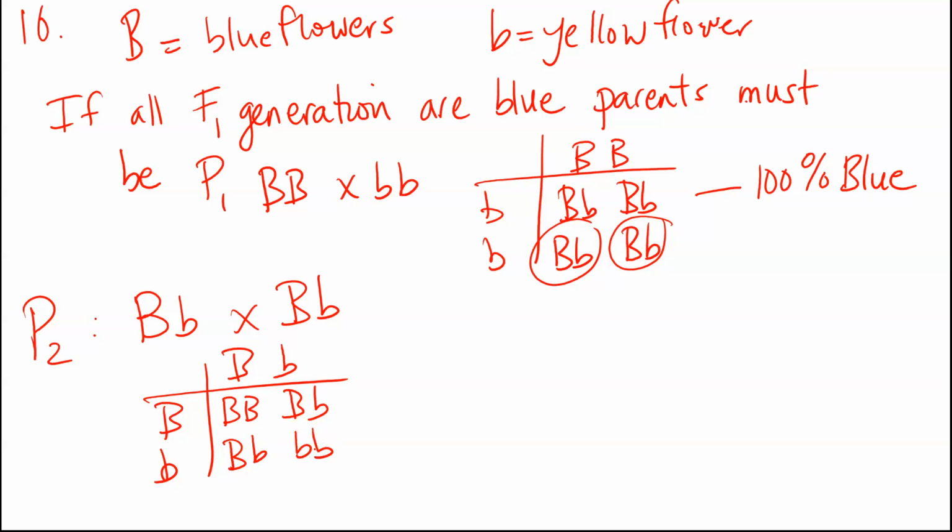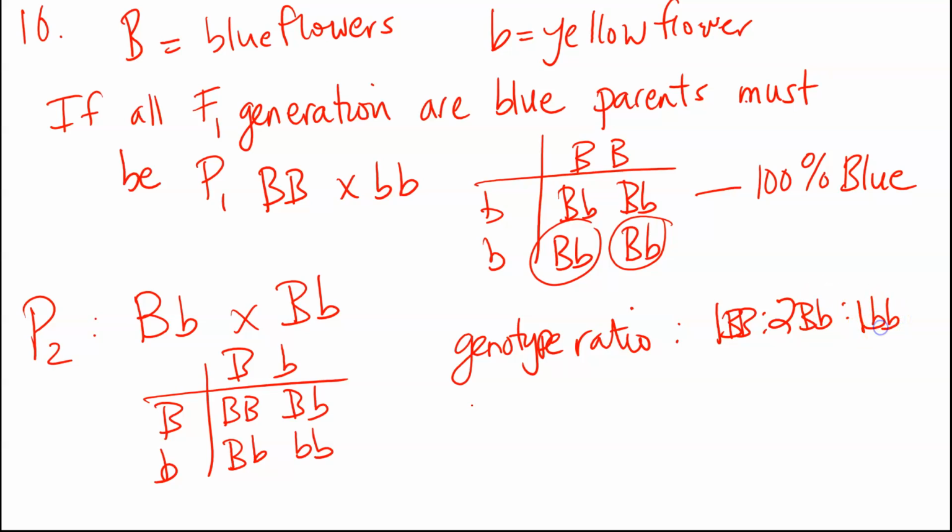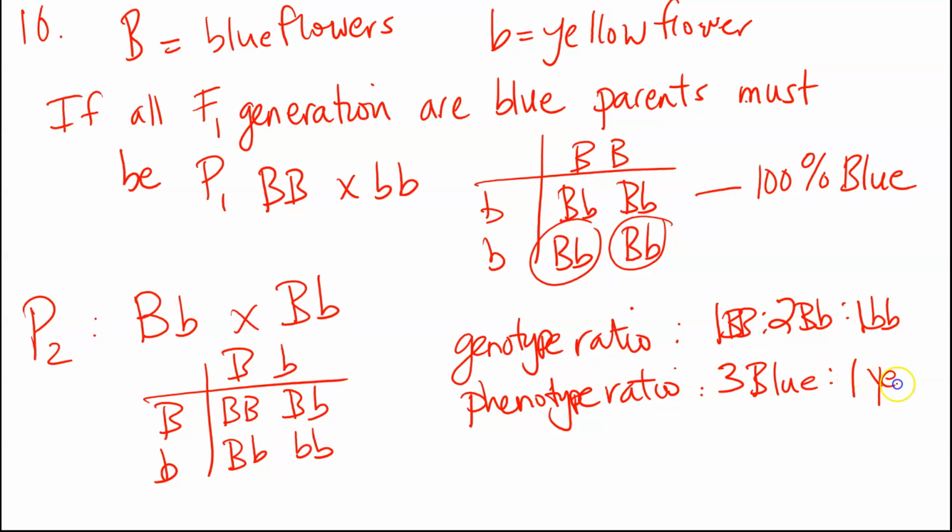All right, so the genotype ratio is 1 big B big B to 2 big B, small b to 1 small b small b, and the phenotype ratio is 3 blue to 1 yellow.